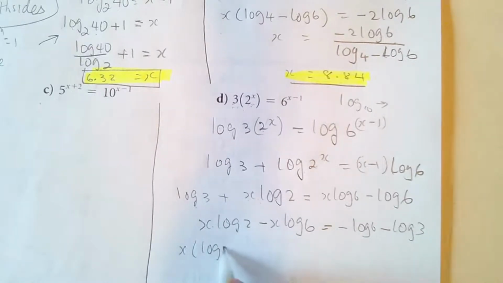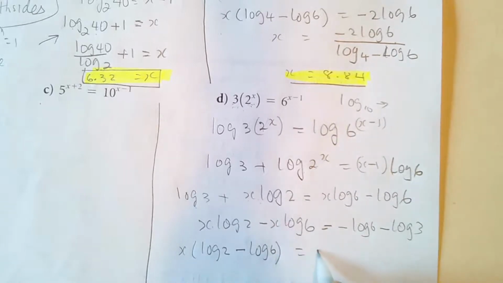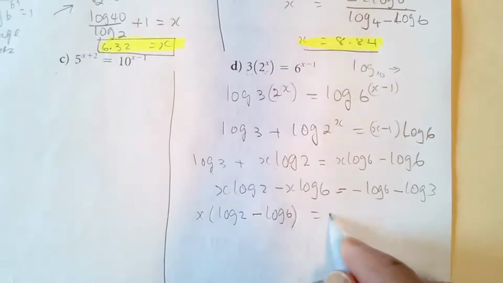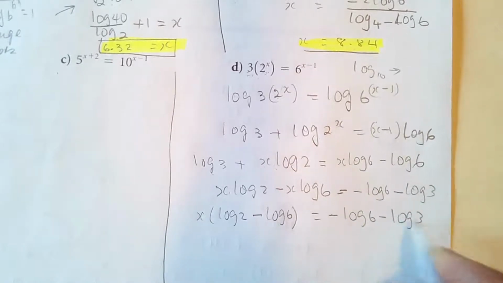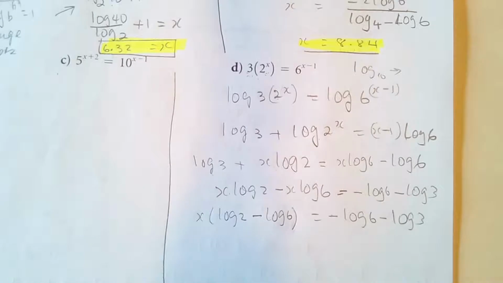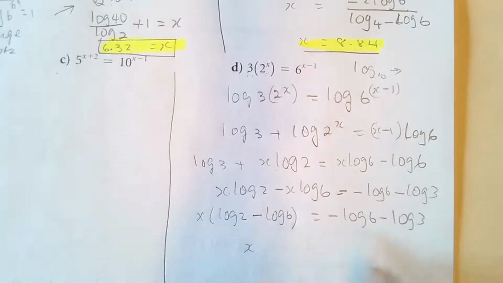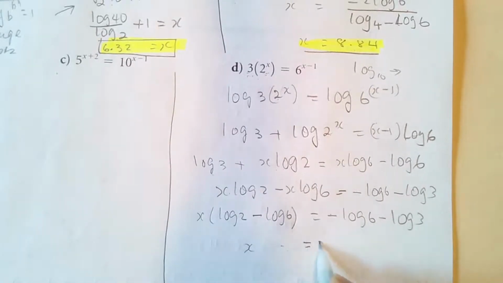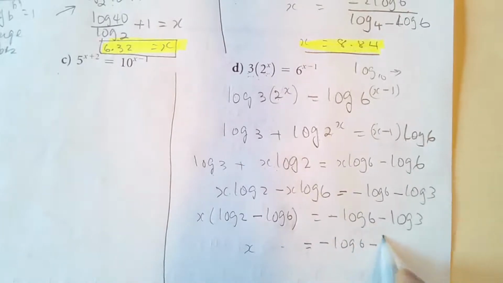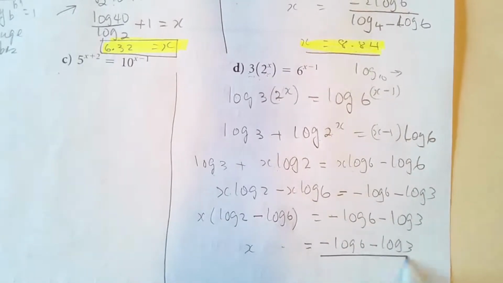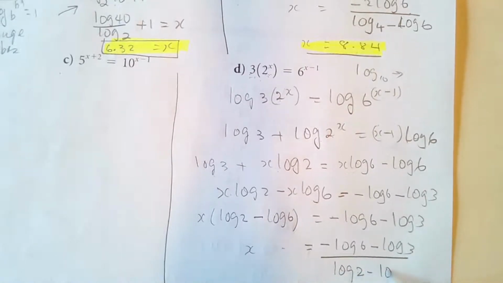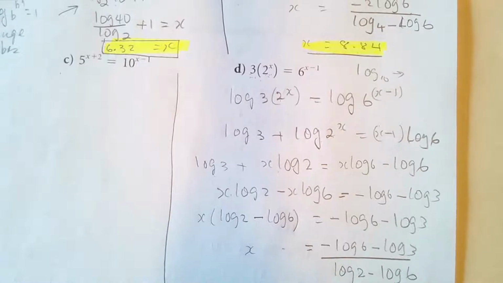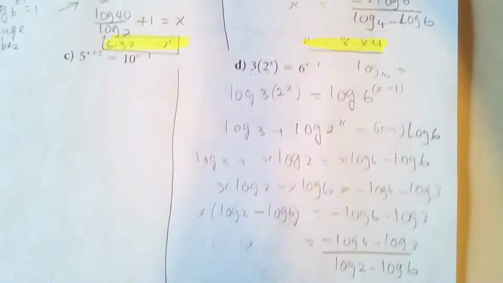We have x times log 2 minus log 6 is equal to negative log 6 minus log 3. Then solve for x, divide: negative log 6 minus log 3 divided by log 2 minus log 6. Now we need our good old calculator.